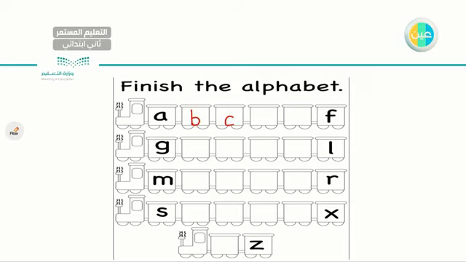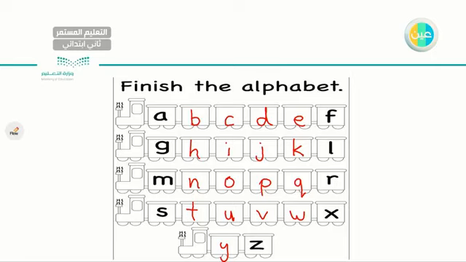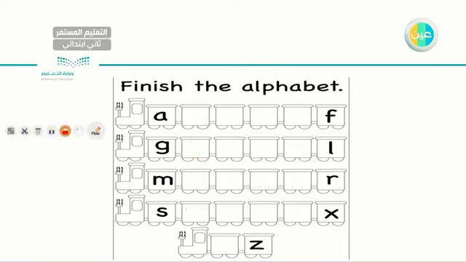B, C, D, E, F, G, H, I, J, K, L, M, N, O, P, Q, R, S, T, U, V, and the last four letters we learned today, W, X, Y, and Z. Okay, so we learned how to say the English alphabet now, how to read them, how to write them. Let's introduce something else.